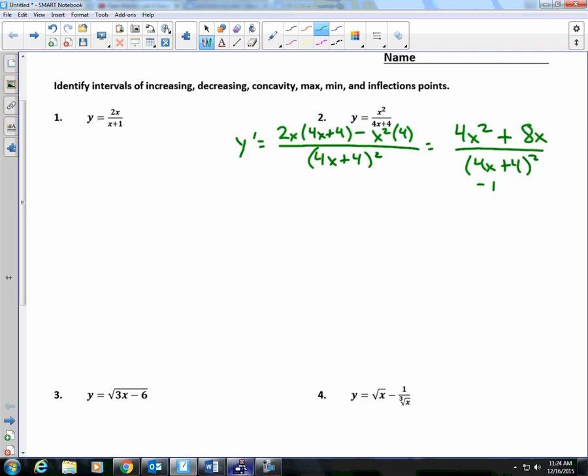Yes, for what values? 0 and -2. So I set the top equal to 0, and this time we can get 0 in the numerator. Where the bottom is equal to 0, that tells us where it would be undefined.